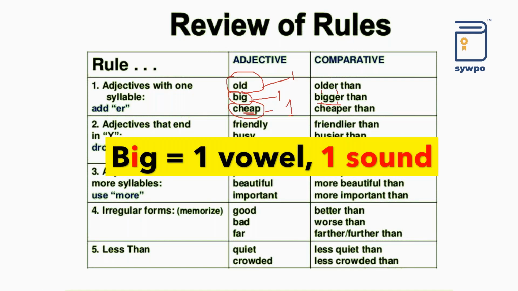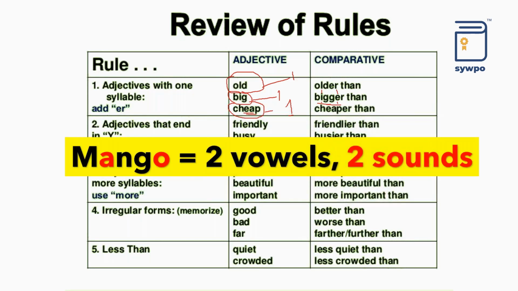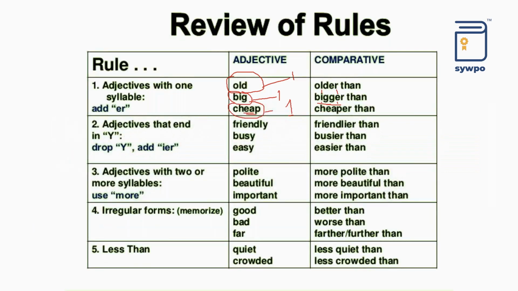So how many sounds? Just one sound is coming out. Big, one sound. If you look at this one, I have a word mango. I have A and O, two vowels, and they are separated by consonants in the middle, N and G. So that's why I have two sounds here. Two vowels means two sounds. I hope this is clear to you.